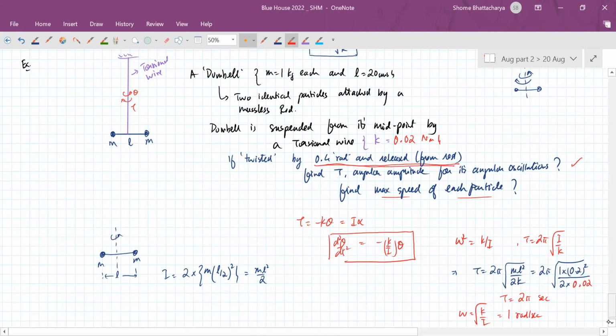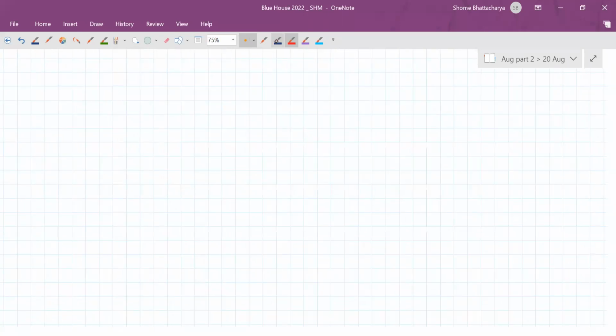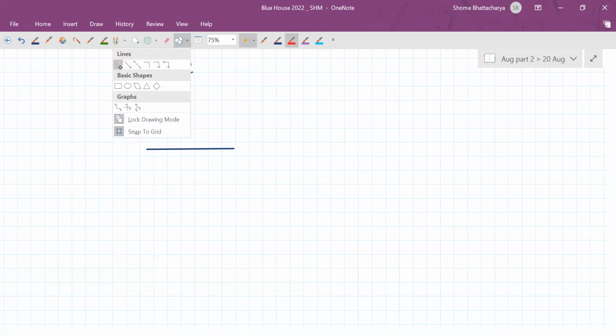Okay, so now let's look at the back and forth motion of the dumbbell. If we are taking the top view of this, we will see the dumbbell rotate back and forth like this.